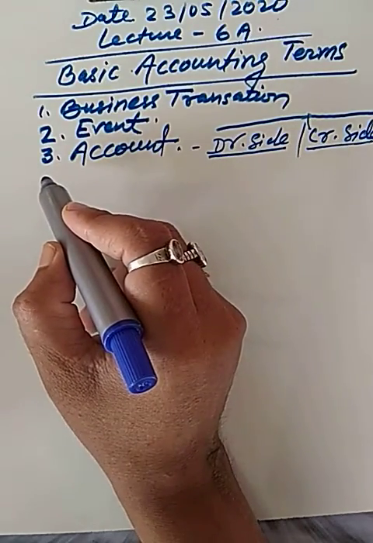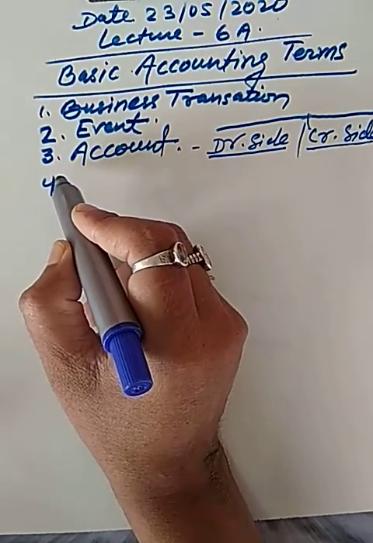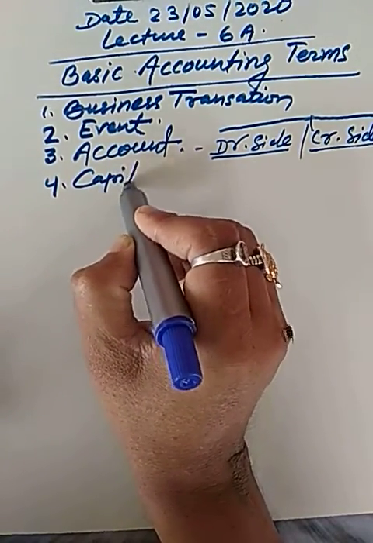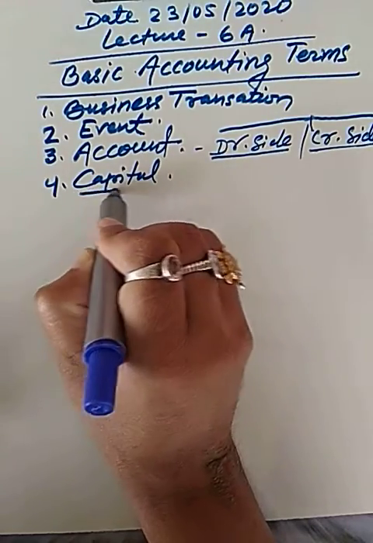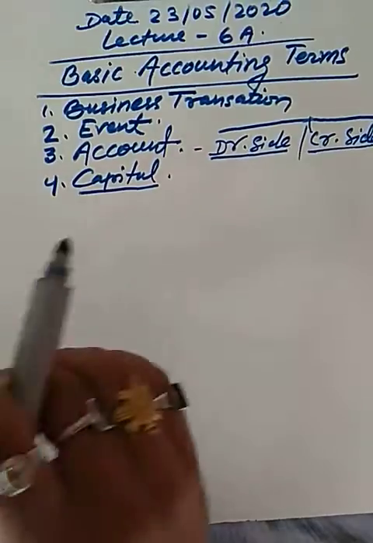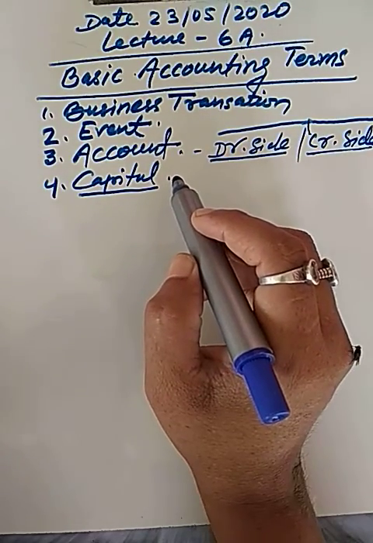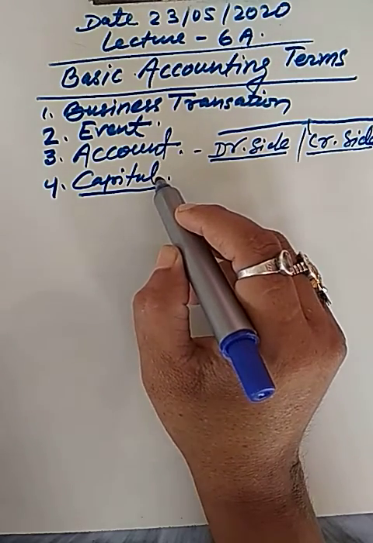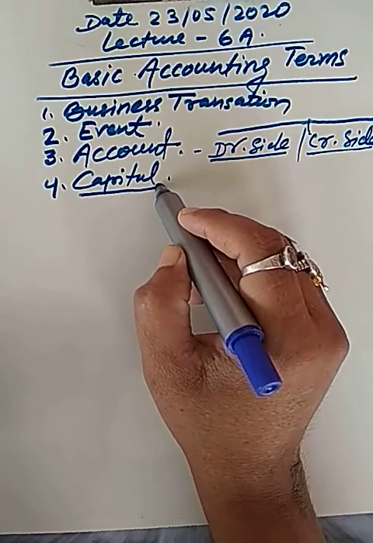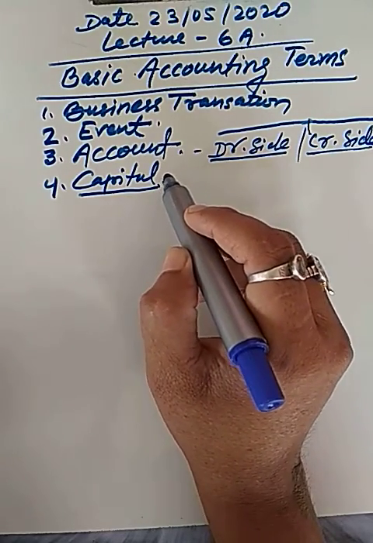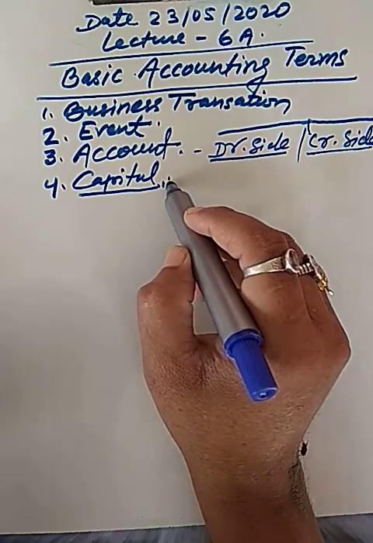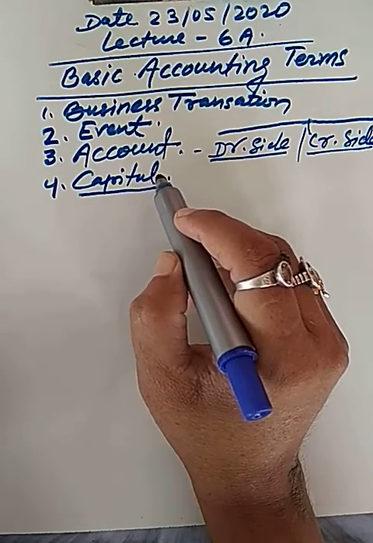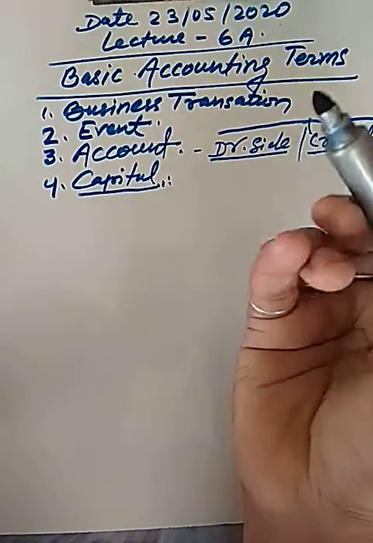Now the fourth point is capital. The simple meaning of capital is the amount invested by the proprietor in a business enterprise. The amount may be in the form of cash, goods, or assets. It is the amount with the help of which goods and assets are purchased in the business.